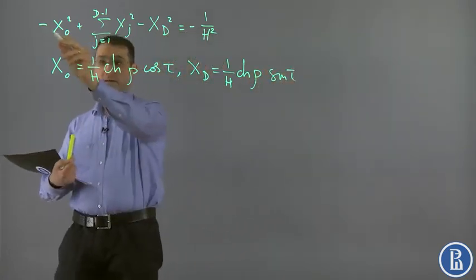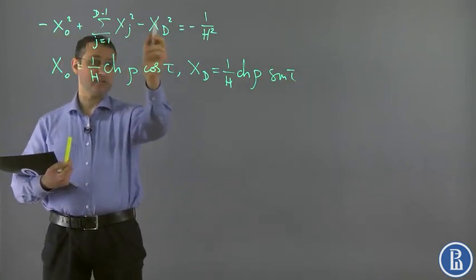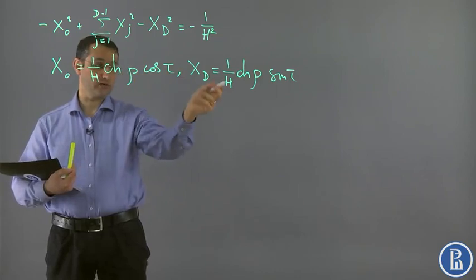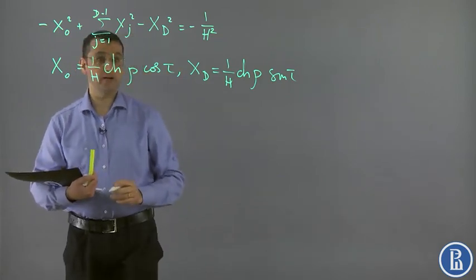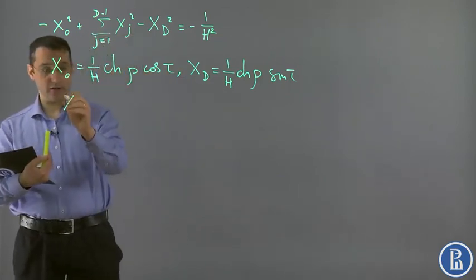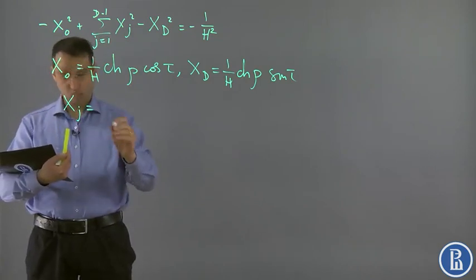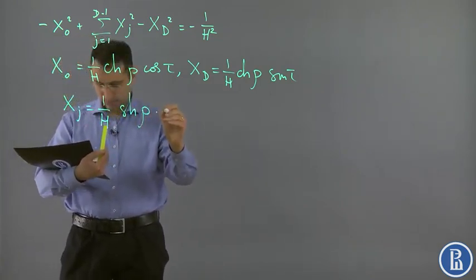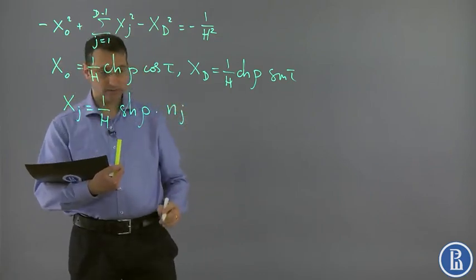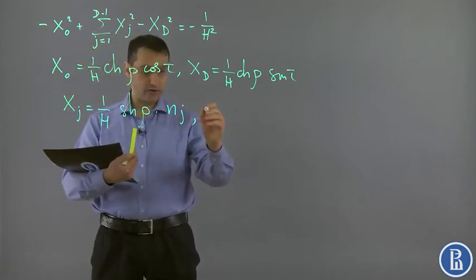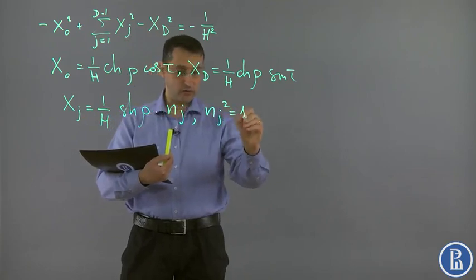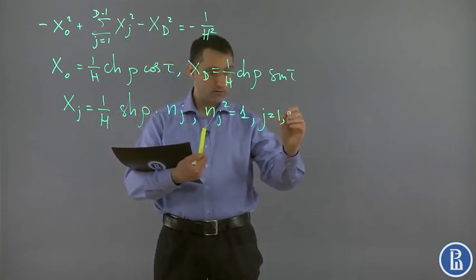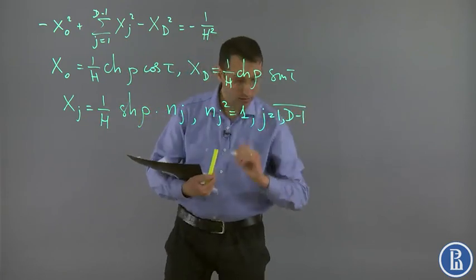So basically this plus this gives us 1 over h hyperbolic cosine of rho squared, and xj equals 1 over h hyperbolic sine of rho times nj, where nj squared is equal to 1, and j is ranging from 1 to d minus 1.